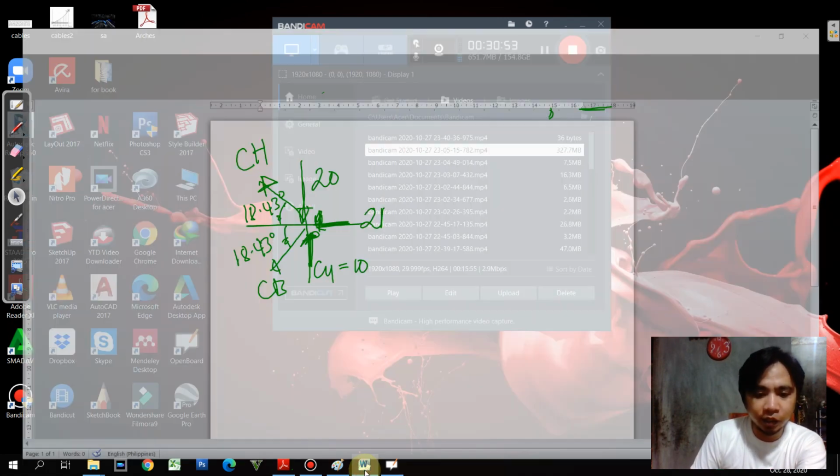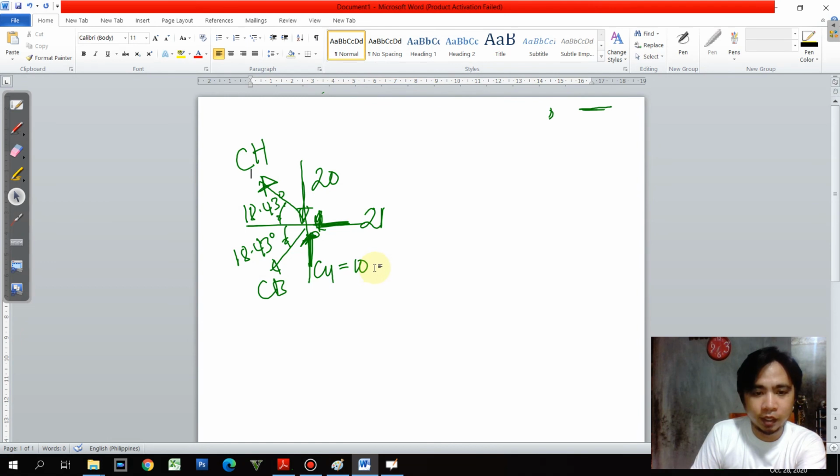Summation forces vertical and horizontal. Okay. So we have summation forces along x is equal to 0.